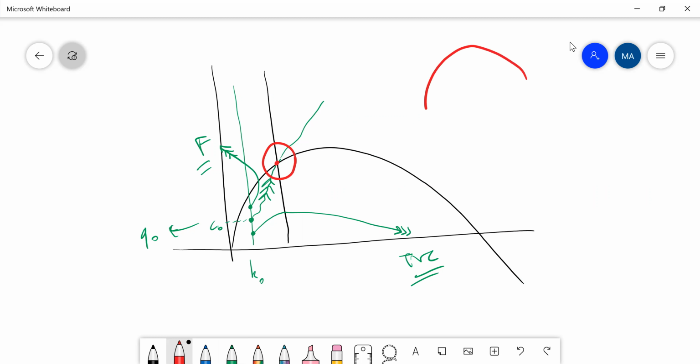Now, if you take a zoom of this, this is your steady state, and this is your linearized system. Now you know exactly which direction, so these are all vectors, which direction will be the saddle path.